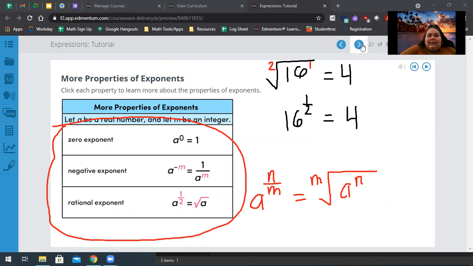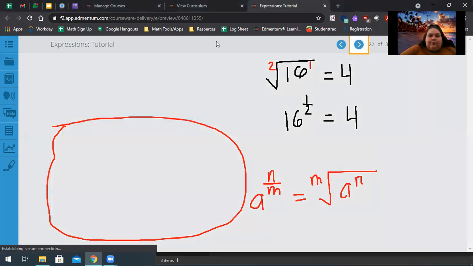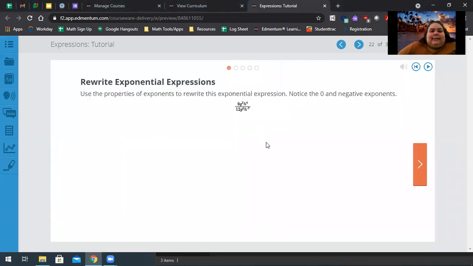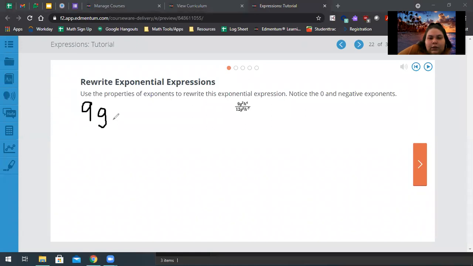And let's go ahead and take a look at slide 22. So let's go ahead and rewrite this exponential expression. It's like I have to squint because, all right, so this is 9g to the 2 power, h to the 4th power, all over 12 g to the 0, and then h to the negative 7.